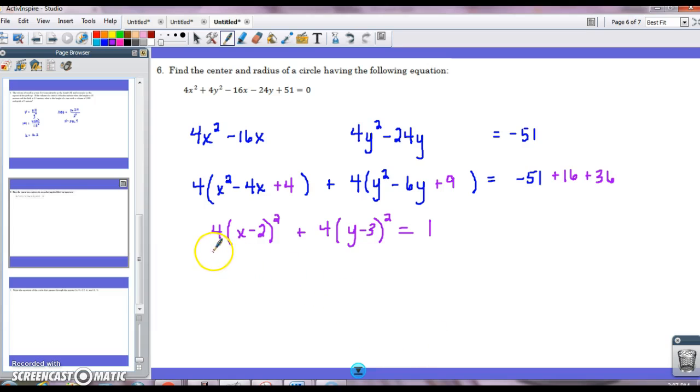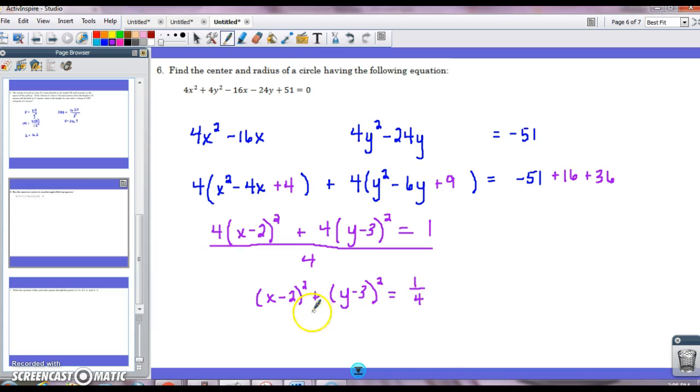And now I need to go through and divide everything by 4. I just did that kind of fast, but basically you're dividing everything by 4. And you end up with x minus 2 squared plus y minus 3 squared is equal to 1/4. Remember, 1/4 is the square of the radius.